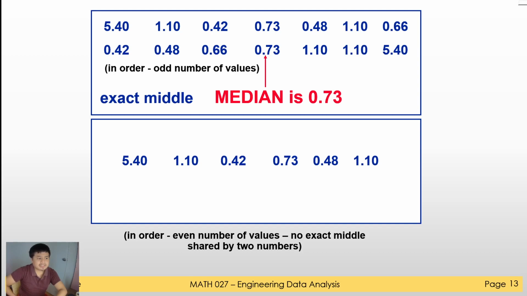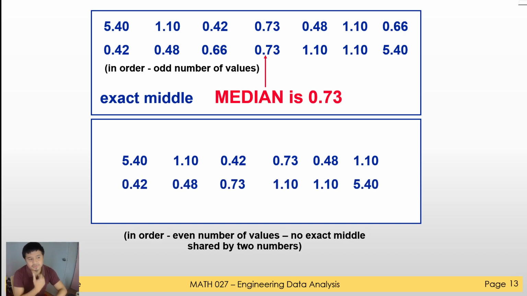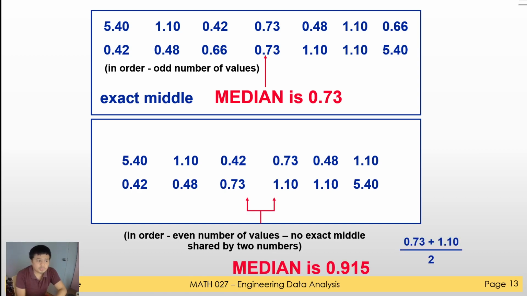If the number of data is even, for the second example at the bottom, we have 6 data points. We first arrange this into its ascending order, and then we can find the average of these two middle values. Therefore, the median of this data set is 0.915 by averaging these two values.